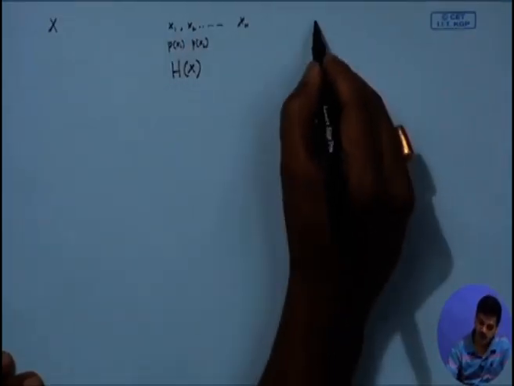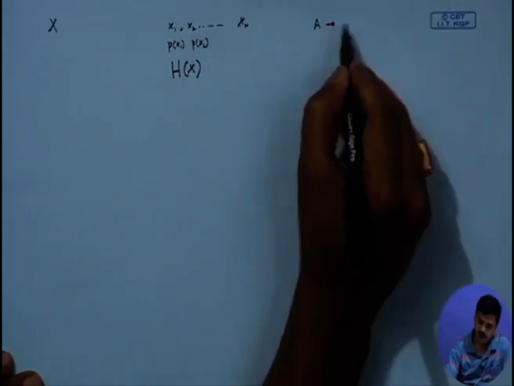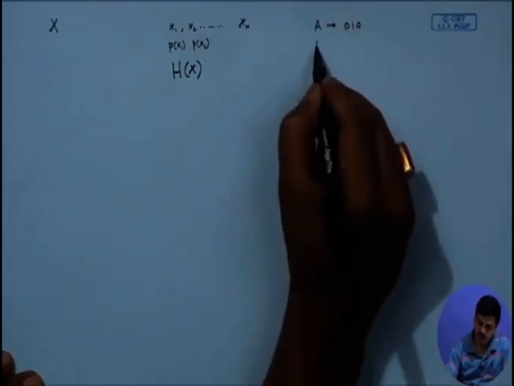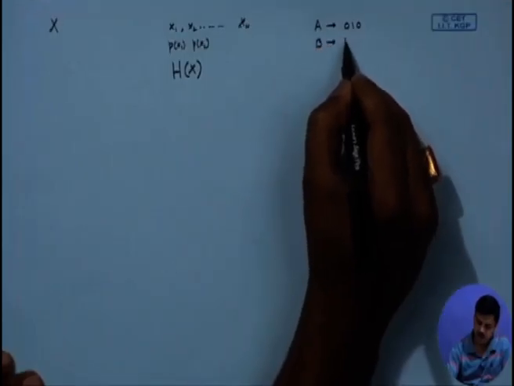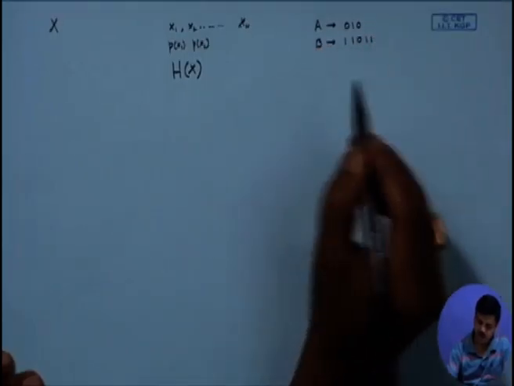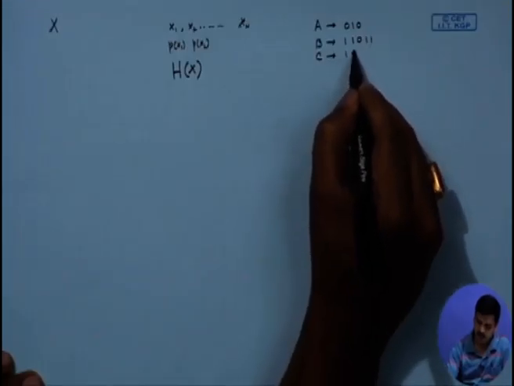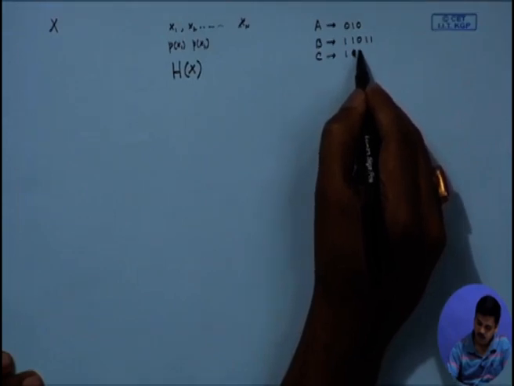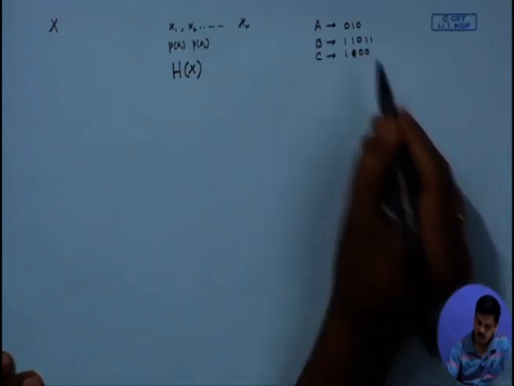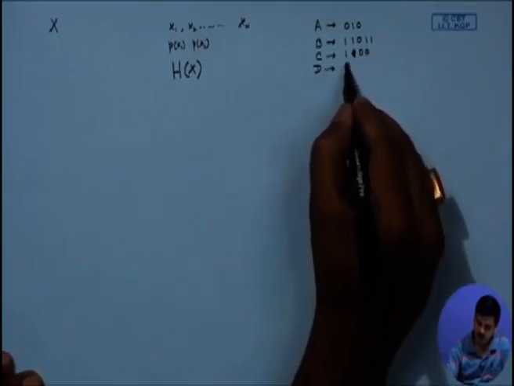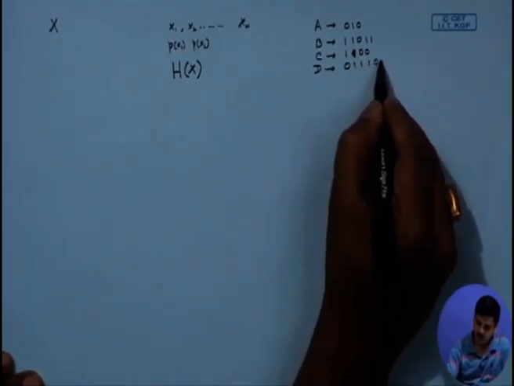For example, I could assign to A the bit sequence 0 1 0. I could assign to B the bit sequence 1 1 0 1 1. I could assign to C, for instance, 1 0 1 1 0 0. I could assign to D, for instance, 0 1 1 1 0 1.